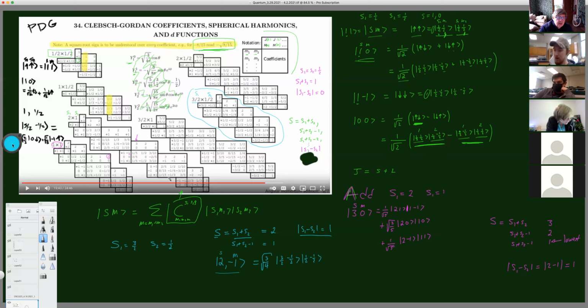If I were going to outline them, these are where the total M's and S's are. If I'm asking for total S equal 2 and total M equal -1, that's right here.